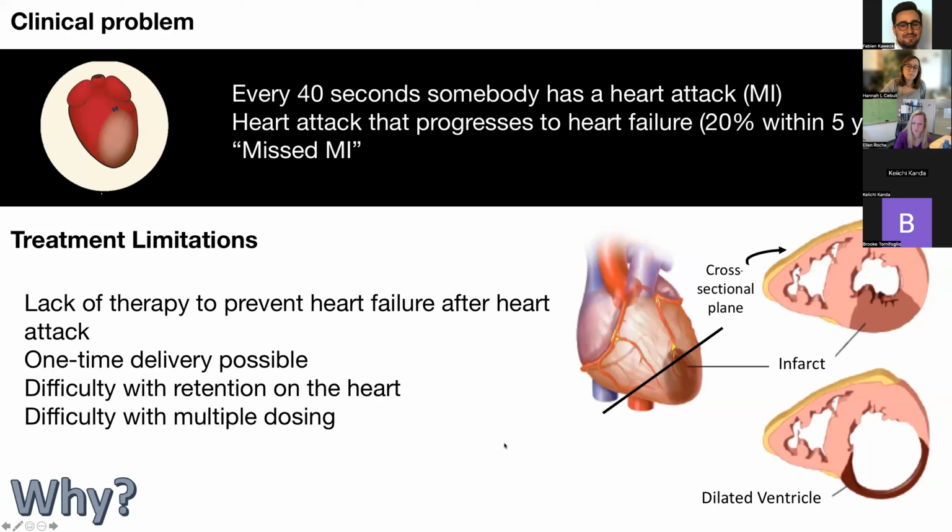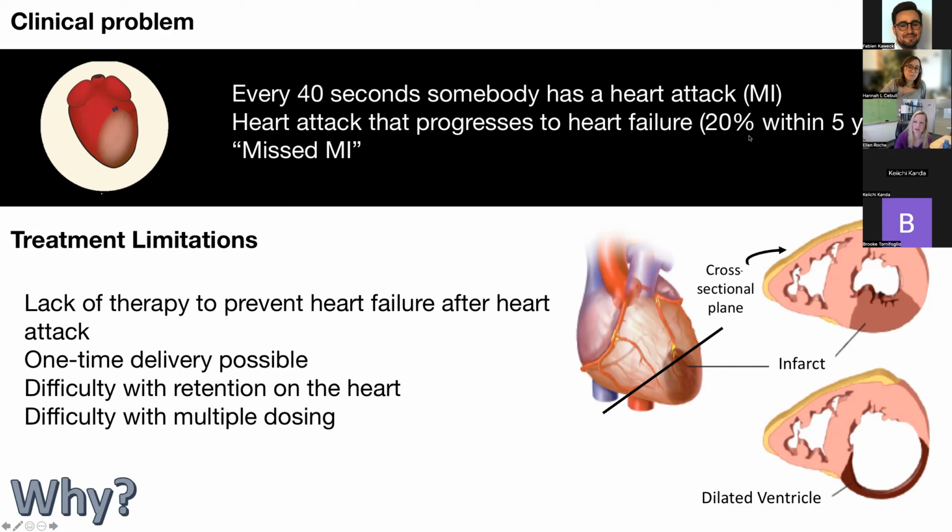This is based on work that I started during my PhD with David Mooney, and we continued it in the lab here at MIT. One of the problems that we address here is myocardial infarction, and specifically missed MIs that progress to heart failure.